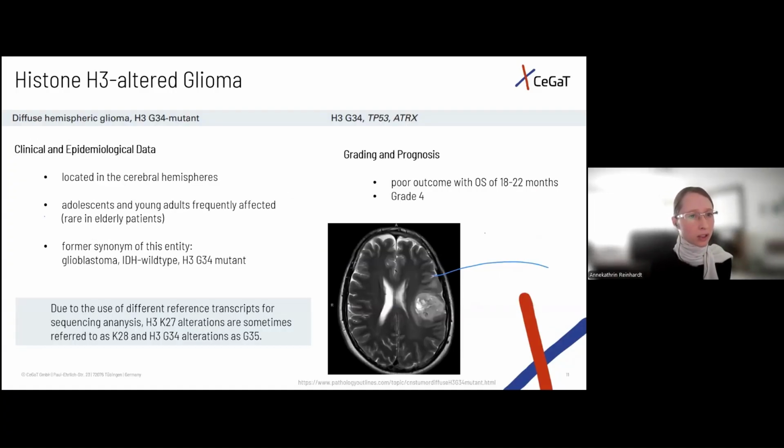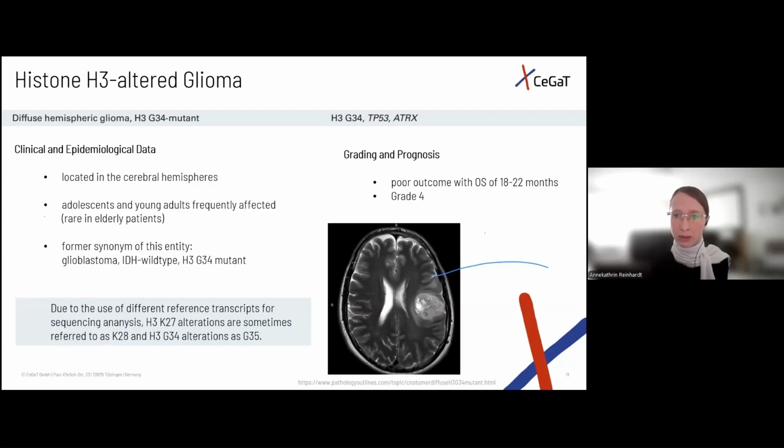These tumors with G34 are almost exclusively located in the hemispheres, but not in the midline as the K27. And they are also not encountered in children, but more in adolescents and young adults, and very rarely in elderly patients. The former name of this entity is glioblastoma IDH wild type H3 G34 mutant.